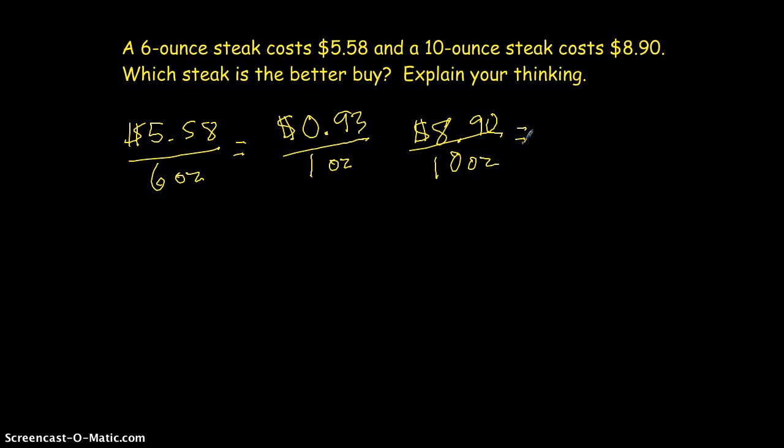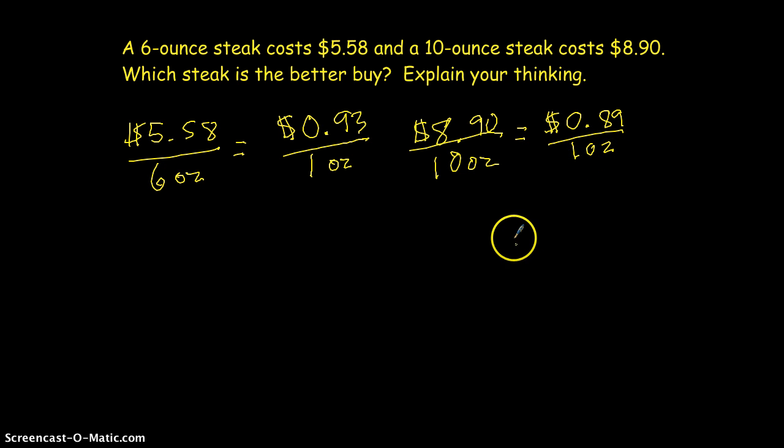In this case, I'm just going to do a little bit of mental math, and if I divide 8 and 90 hundredths by 10, I can just move my decimal place 1 place to the left, and that's going to make it 89 cents or so. I'm going to go ahead and put that as 0.89 per 1 ounce.